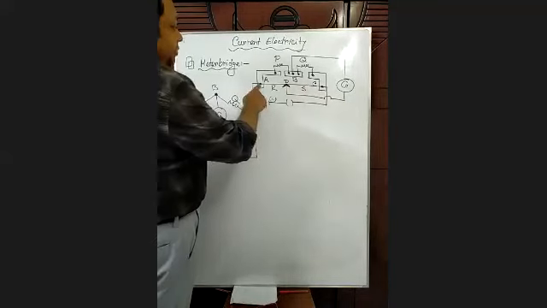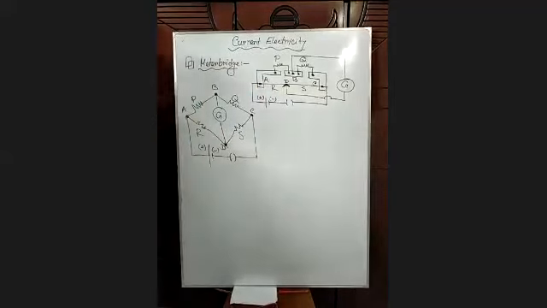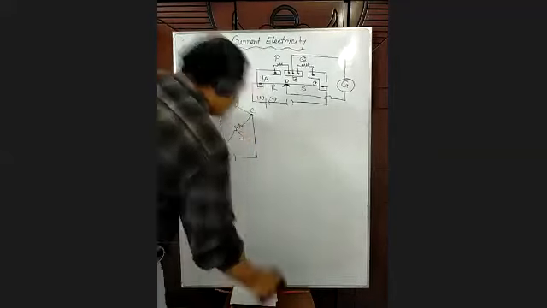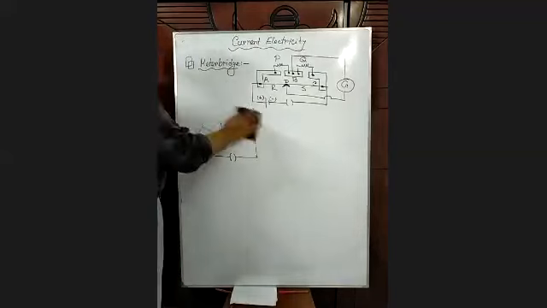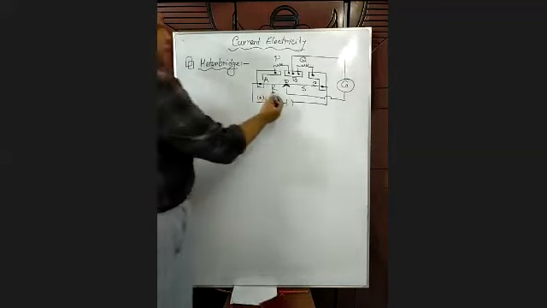From point A to point C, there is a wire which has a length of 100 centimeters, or 1 meter. That's why the bridge is named the meter bridge, because 1 meter is 100 centimeters. So here the resistances R and S will occur.